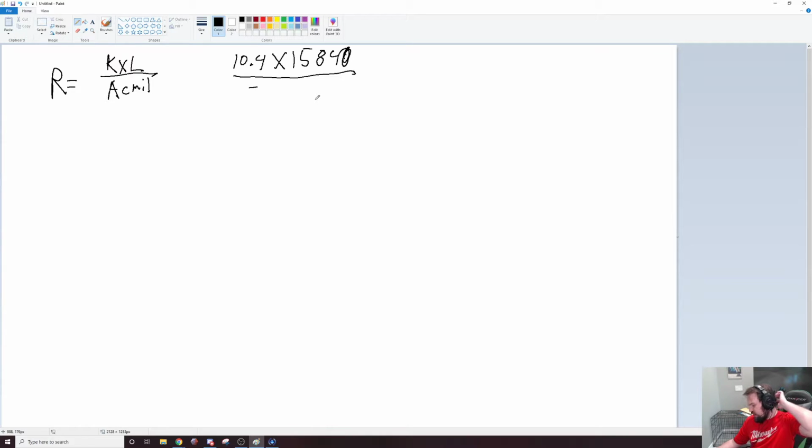Okay, this is a more advanced question than I wanted to start with, but the diameter is 16.2 mils. You're going to take 16.2 and square it to get your area in circular mils.